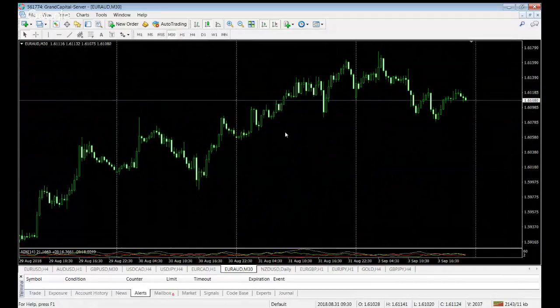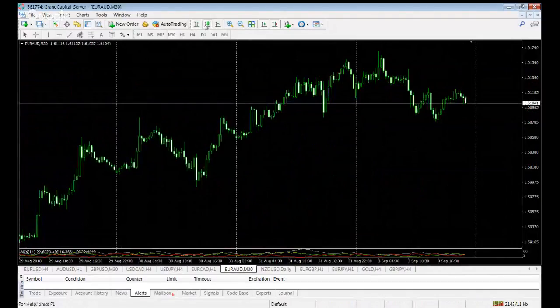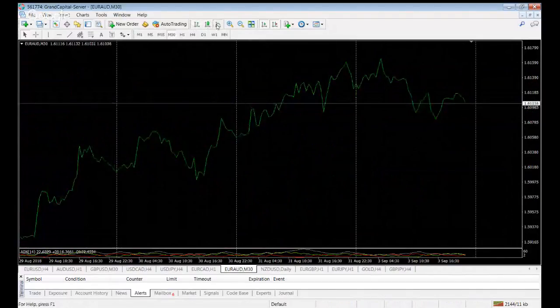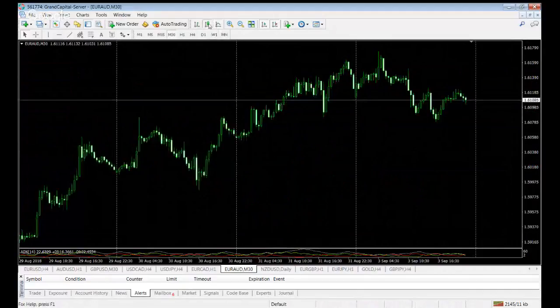So these are the three major charts that you have, and you can try any of them that you believe will give you a clearer picture of the market. I will still draw a trend line on this so that you can see how they can work together. Now the next stage I want to go into is a new order.